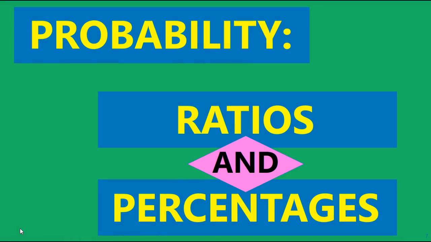Okay, now something we need to know about before we talk about Punnett squares is probability. In genetics, probability can be expressed as either ratios or percentages, depending on what the question's asking for.